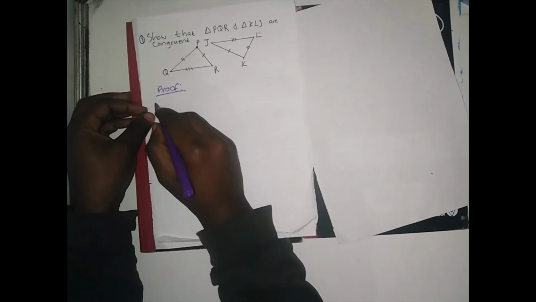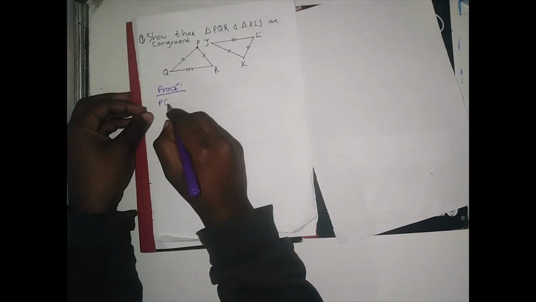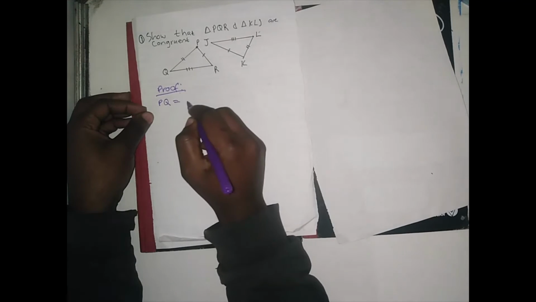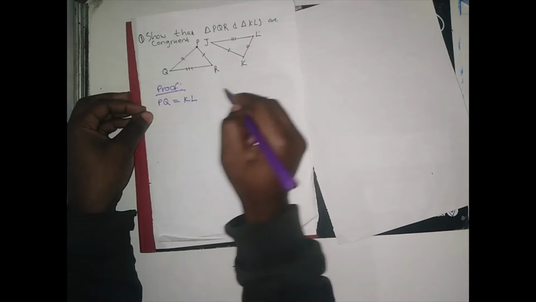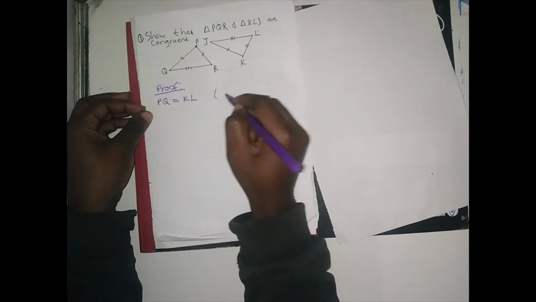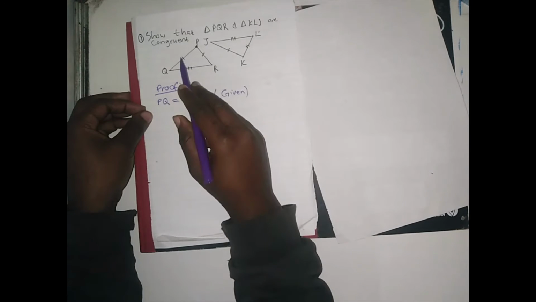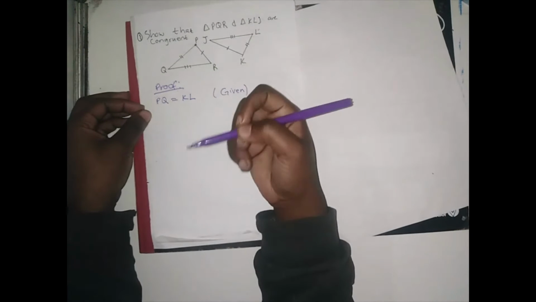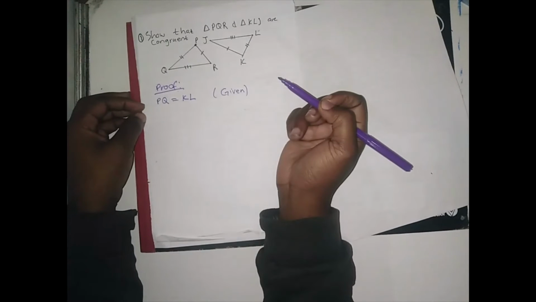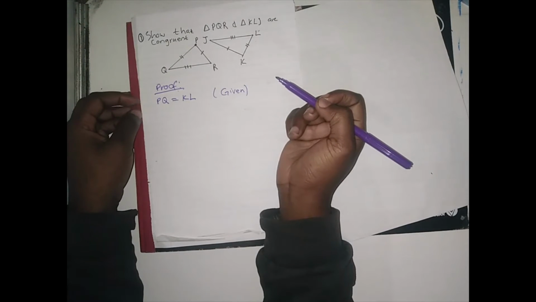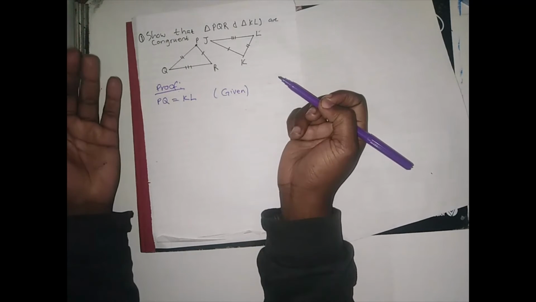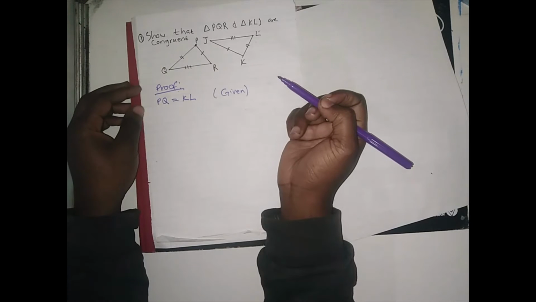So PQ is equal to KL. Now, what is the reason? It's given. If these marks are written, it means that you are given that these 2 things are equal. So you just have 1 thing now, and you are trying to get 2 more things.